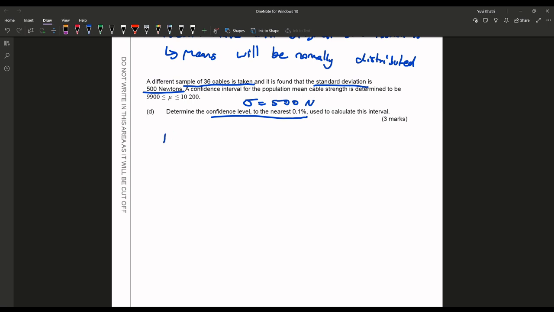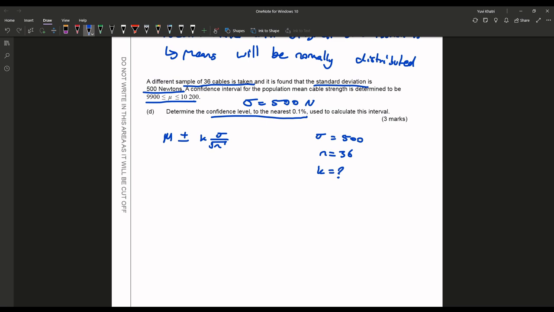So we know that to get a confidence interval, we add and subtract k times sigma over root n from the mean. And our sigma is 500, n is 36, k is what we're trying to find because we want the confidence level, and we don't know mu. We don't know our mean, but we can get the mean because when we get this confidence interval, we add and subtract the same thing, right?